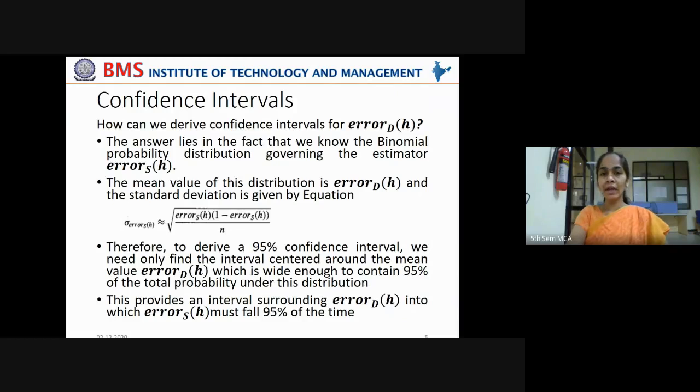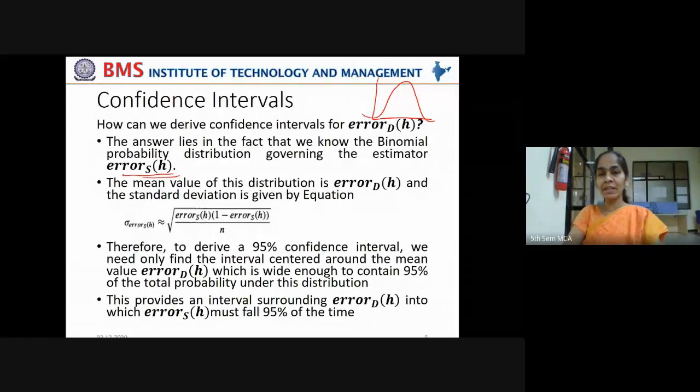Now, how can we derive confidence intervals for true error? Okay, we understood how to derive confidence interval for sample error. Now, how to calculate the confidence interval for true error? Now, the answer lies in the fact that we know the binomial probability distribution governing the estimator of sample error. Means we understood that as you keep on increasing the number of samples, then the sample errors tend to follow a normal distribution.